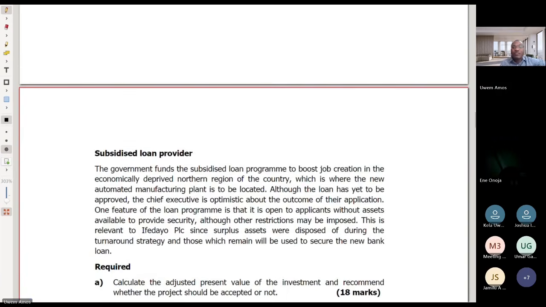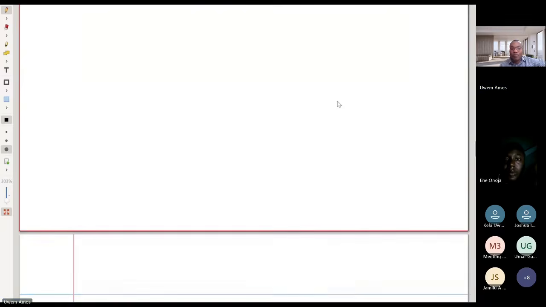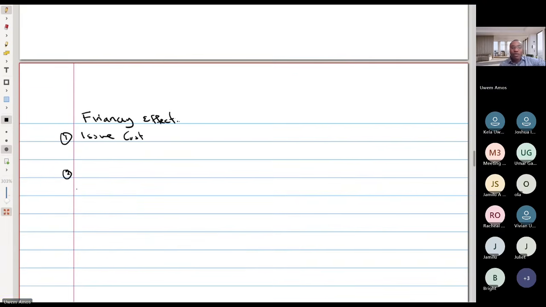All right. Okay, so we mentioned in a previous class that whenever you're attempting an APV question, for the financing effect, there are going to be basically three things. One, issue cost. Two, you're going to have your tax savings on interest payment.